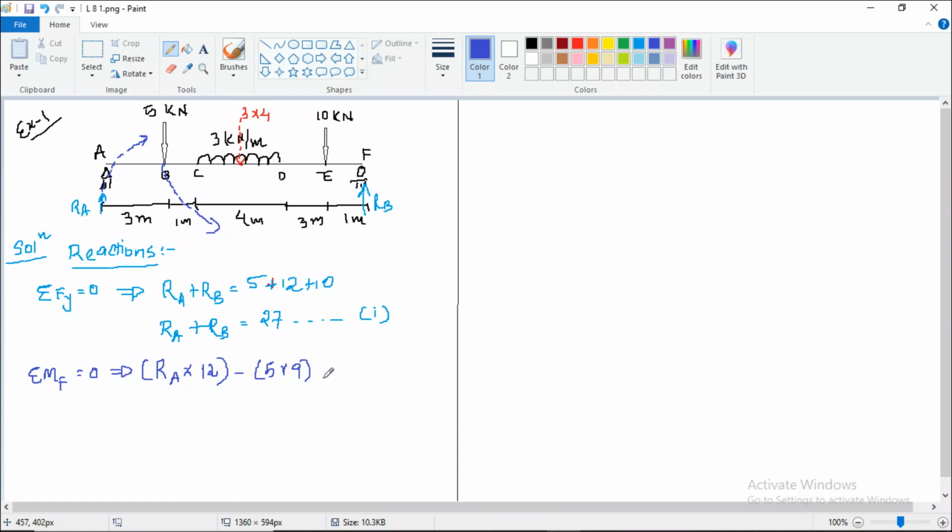Again next force will be the point load, 3 multiplied by 4, so that is 12 multiplied by 6, and we have one more force, and it is again anti-clockwise, so that is 10 multiplied by 1, and this equals 0. If you see this equation, you have only one unknown to solve, that is Ra. If you solve this, you will get the value of Ra, which is coming around 10.58 kilonewton.